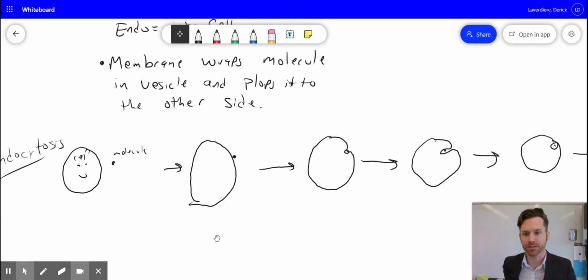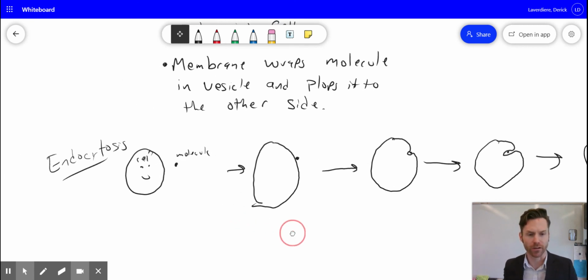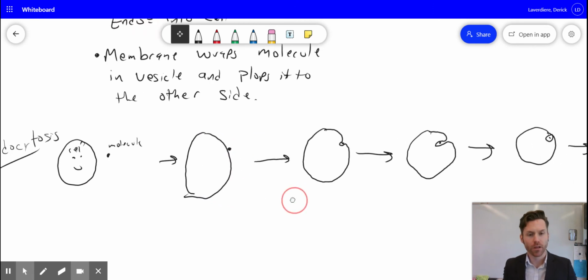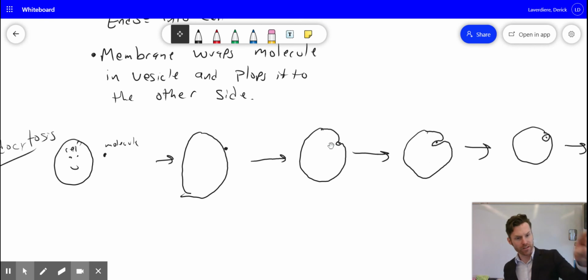If we look at this model that I have here, I've got my cell, and I'm trying to do some endocytosis. I'm trying to get this large molecule into my cell. The large molecule bumps into the membrane. The membrane invaginates a little bit, it dents in, and it makes a little pocket for my big molecule.